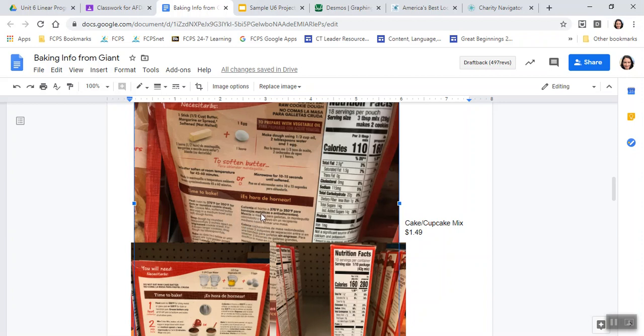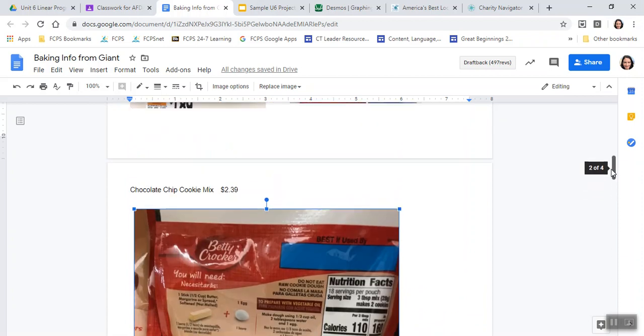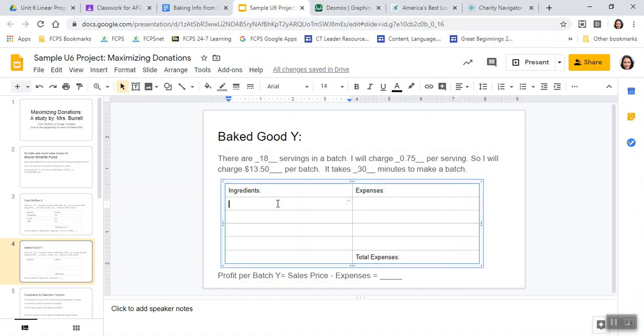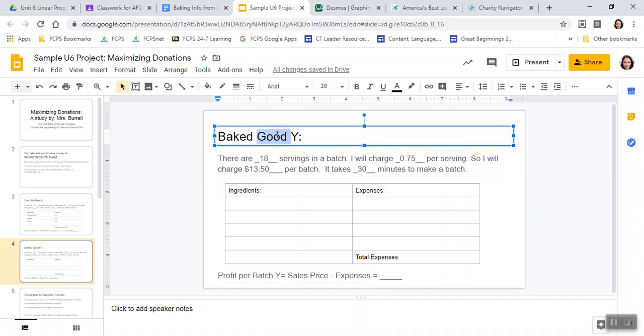But baking of cookies doesn't take very long, probably 10 to 15 minutes. But then the preparation is going to take a little bit longer. So I'm going to say that it's going to take 30 minutes to bake a batch. Alright, so then my ingredients, oh, and I forgot to title this. This is sugar cookies.